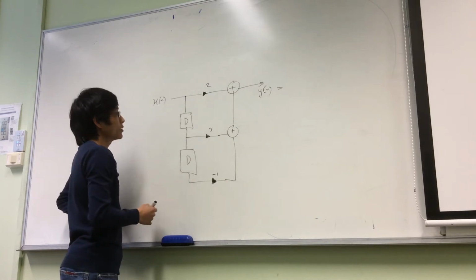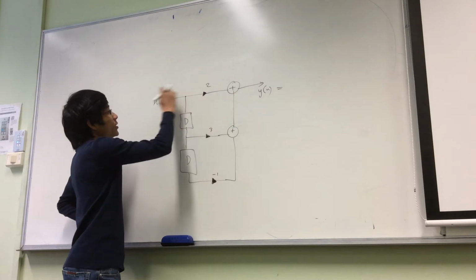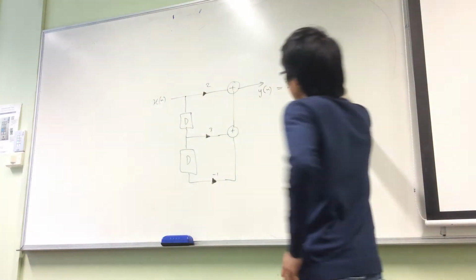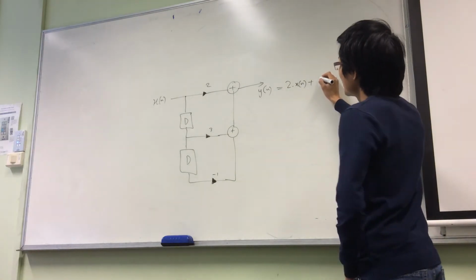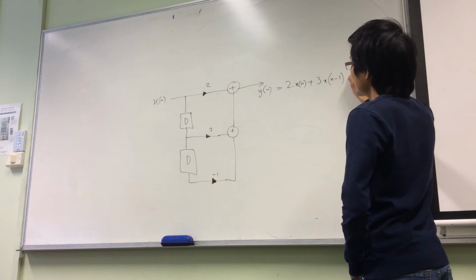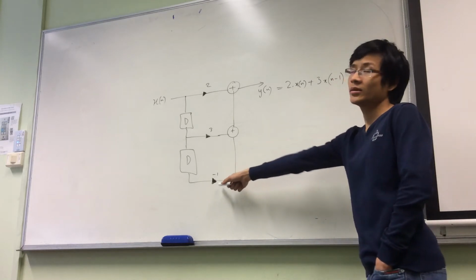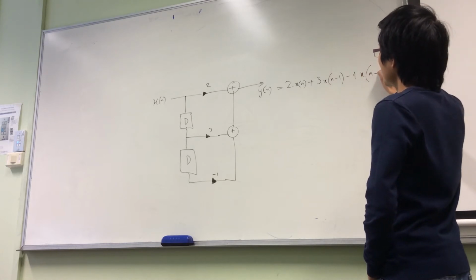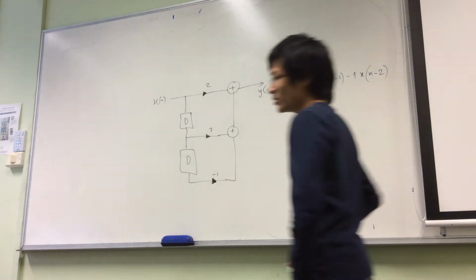For the first one, 2x[n], plus 3x[n-1], plus the last one, minus x[n-2].